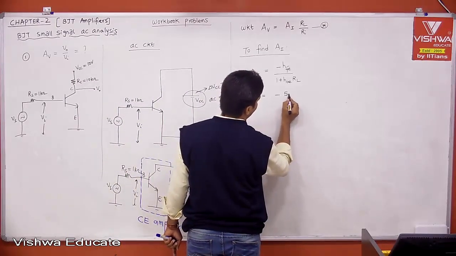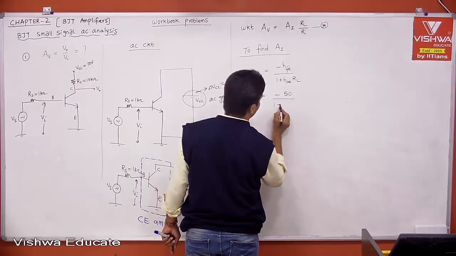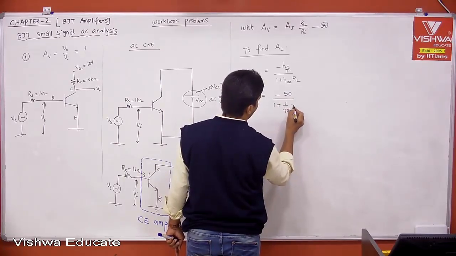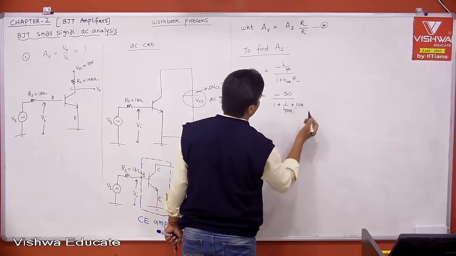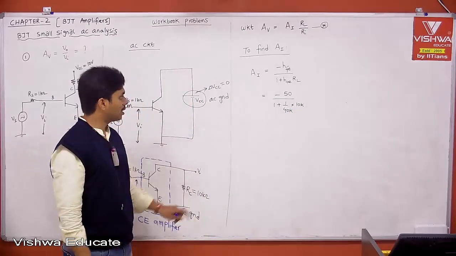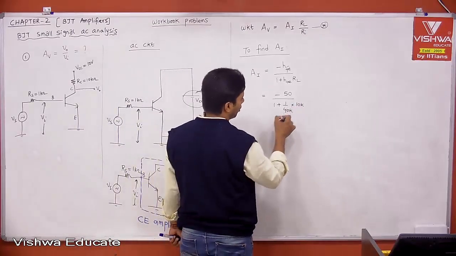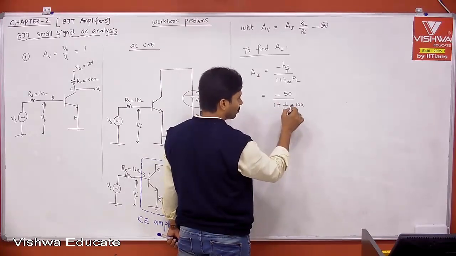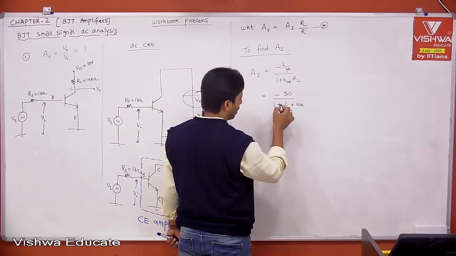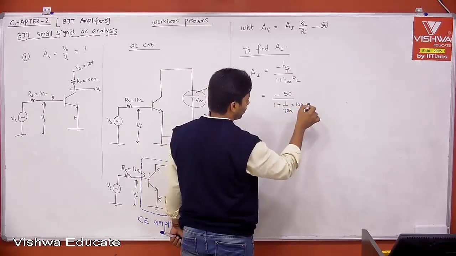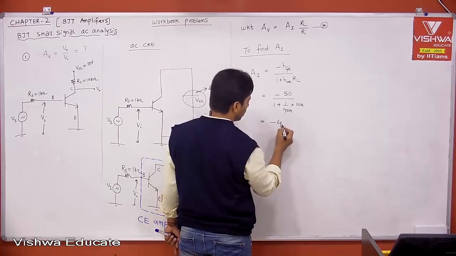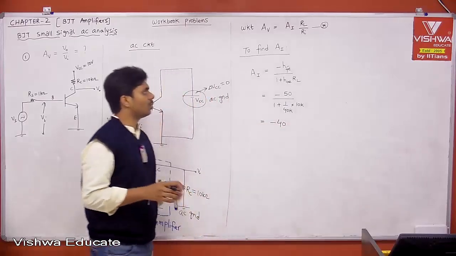From typical value it is 50, divided by 1 plus, what is the HOE value? 1 by 40k, RL value 10k. Then if you substitute, k will be cancelled, 10 by 40, 1 by 4, 1 plus 1 by 4 is 5 by 4, 5 by 4 will become 4 by 5, 50 into 4 by 5, 10 into 4, therefore you will get minus 40. This is your current gain.